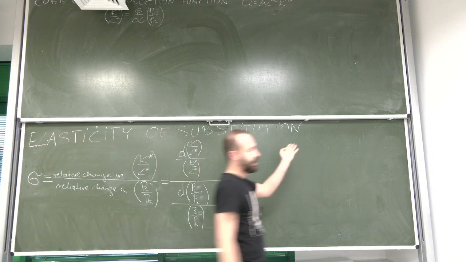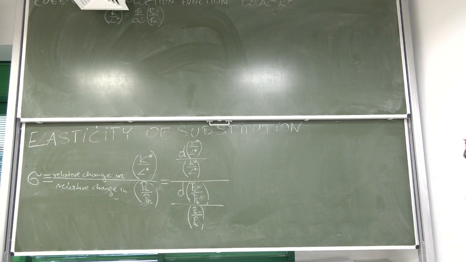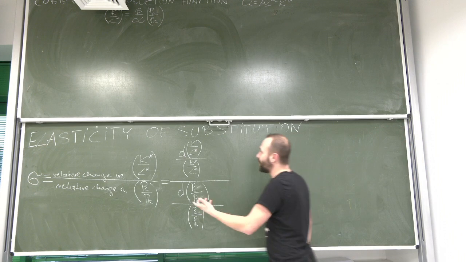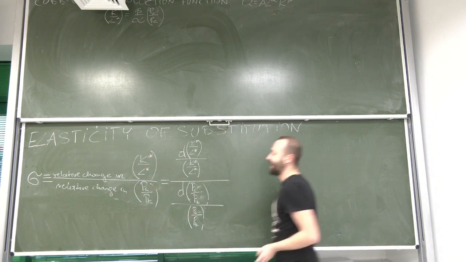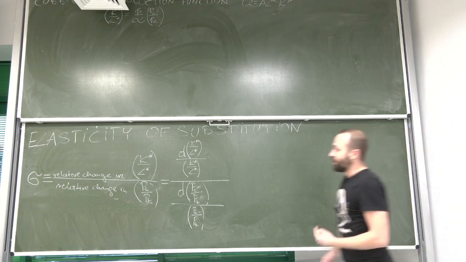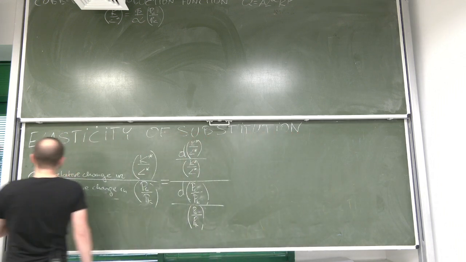We're going to call it elasticity of substitution, and this concept is telling us about the ease with which we can replace capital and labor with each other due to changes in the price ratios. So look, how are we going to calculate it?